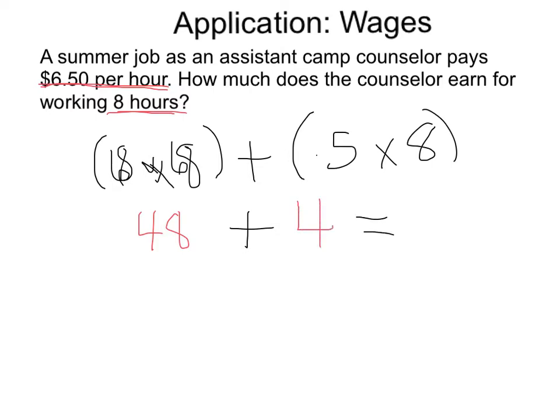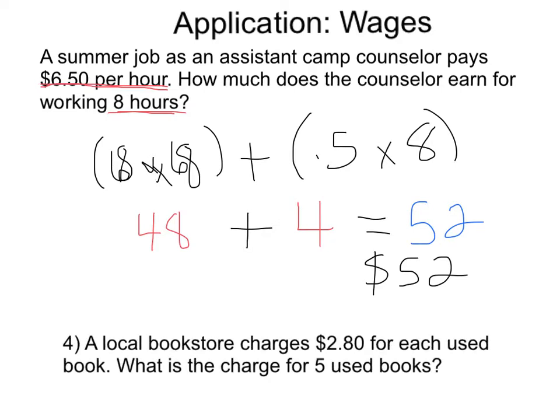So 48 plus 4 is 52. So for the camp counselor job, for 8 hours, they would earn $52. All right, so it's just a matter of breaking it up into smaller pieces that are easier to deal with. Go ahead and pause the video and try this word problem in your notebook.